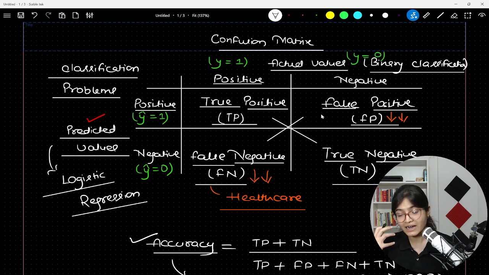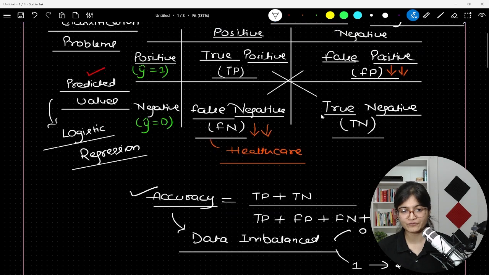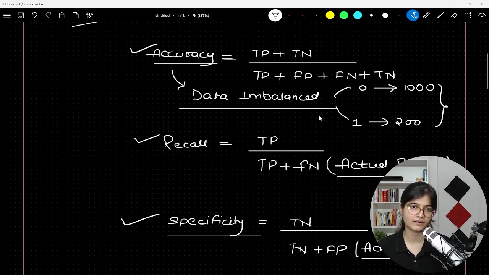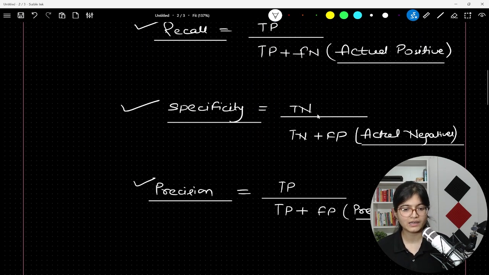You have to understand these concepts in a very logical manner. And after that, how accuracy, recall, precision, specificity, and F1 score are evaluated. So now I think you got a better idea about the confusion matrix, with the help of which we will be able to evaluate multiple evaluation metrics like precision, recall, F1 score, and so on.